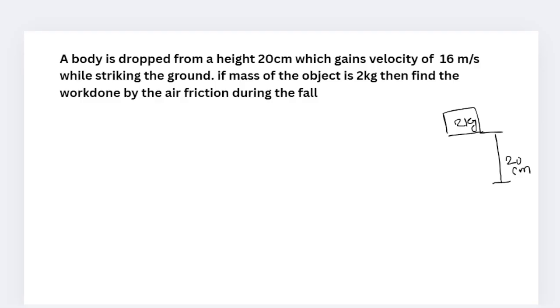Here we need to find the work done by the air friction.